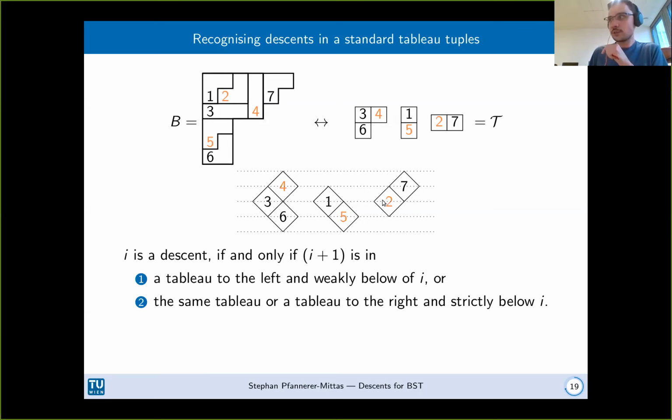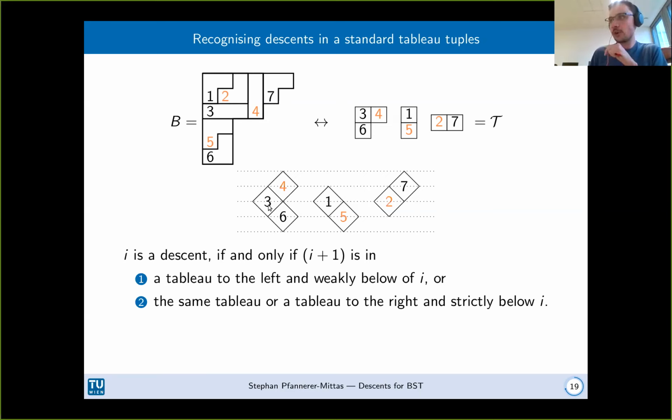Let's look at 2 and 3. 3 is to the left of 2. This is the case 1, and it's on the same level, or we can also say it's weakly below 2. So 2 is a descent.